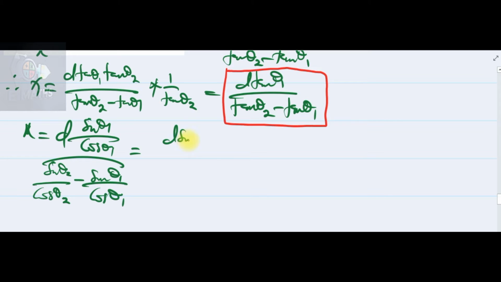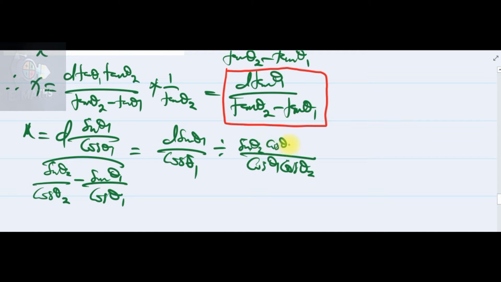So this is d sine theta 1 over cos theta 1, divided by the LCM, which is cos theta 1 cos theta 2, over sine theta 2 cos theta 1 minus cos theta 2 sine theta 1.